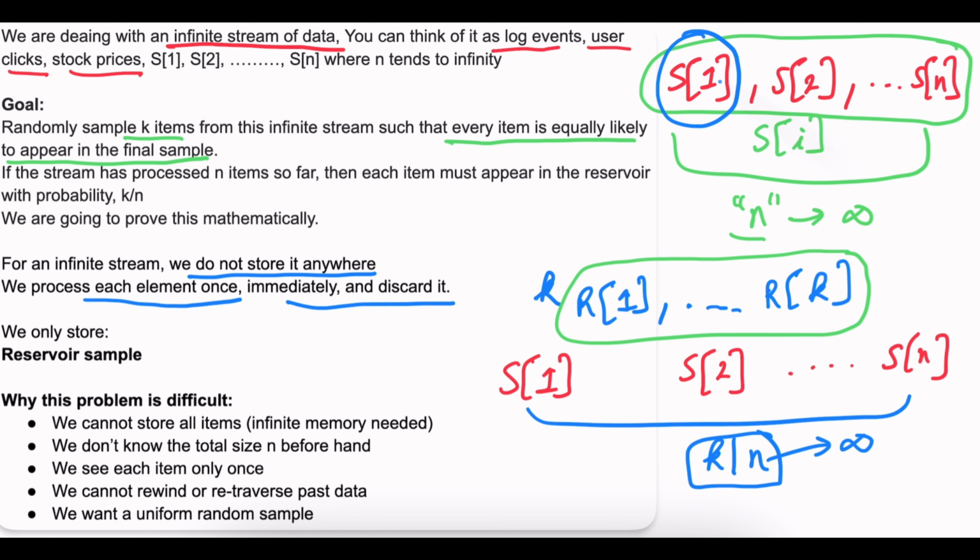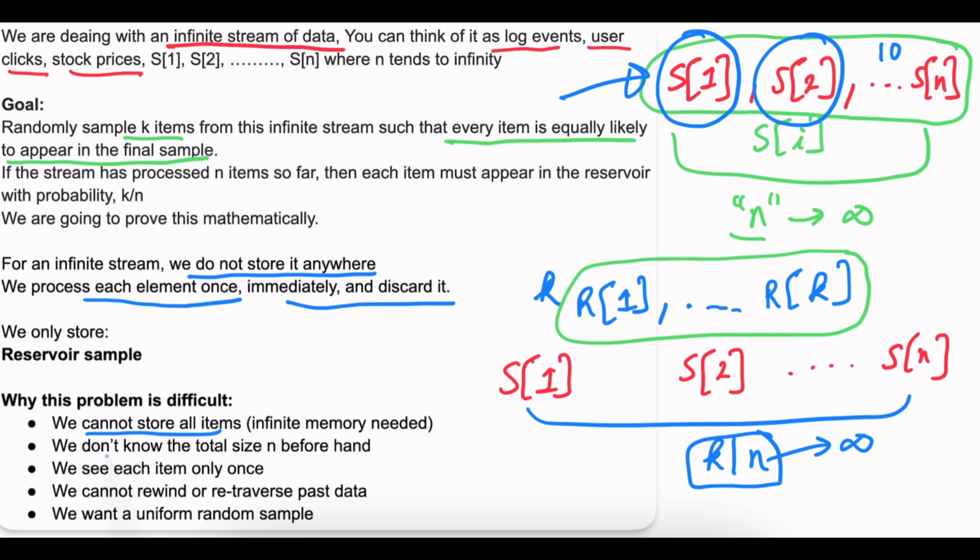So when the first item comes, we process it and we discard it, and when the second item comes, we cannot process the first item now. And when, let's say, the 10th item comes, we cannot go back and access the first 9 elements. So this is what makes this problem slightly harder.